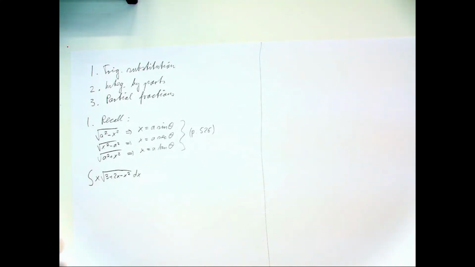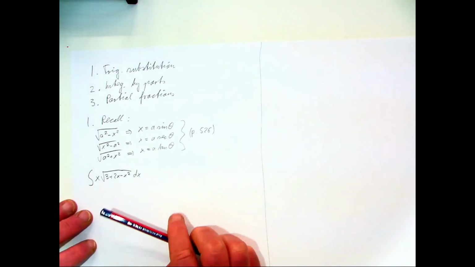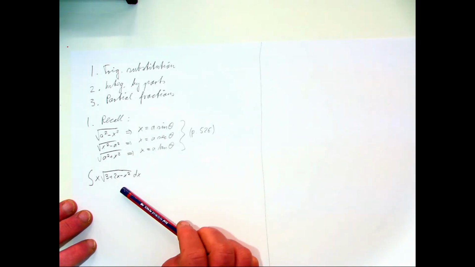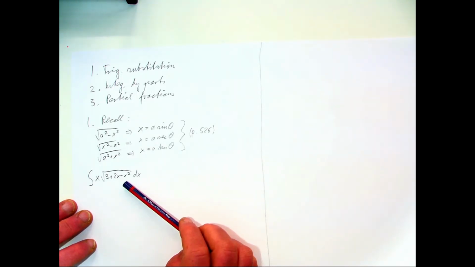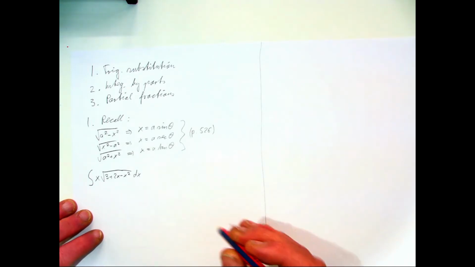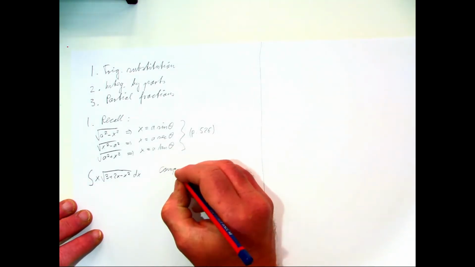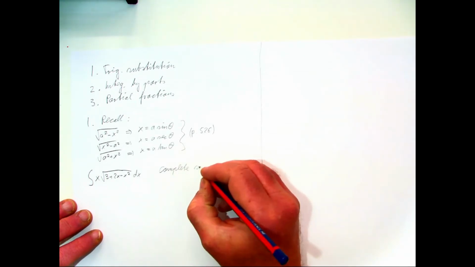Well, the term under the root smells like completing the square, so we have to do that, and afterwards we will do the trig substitution. So complete the square first.